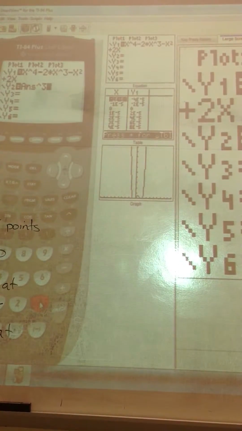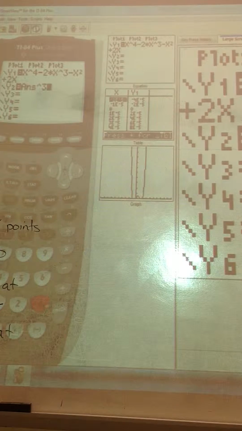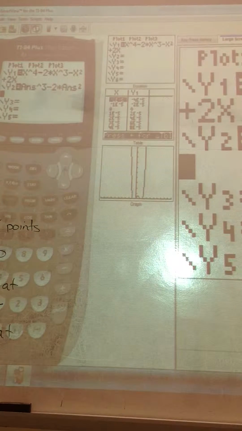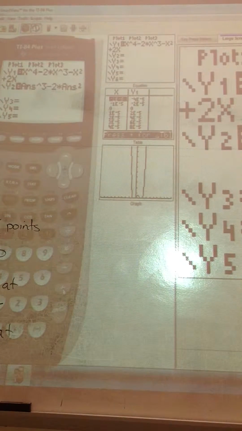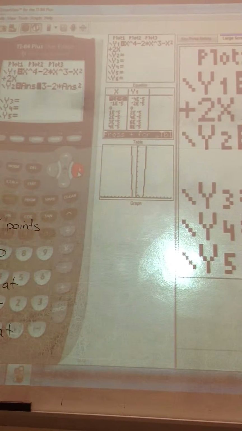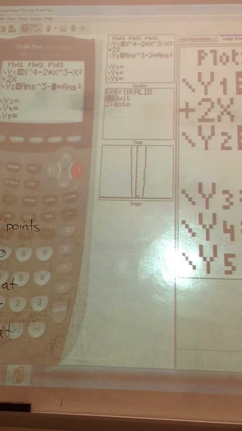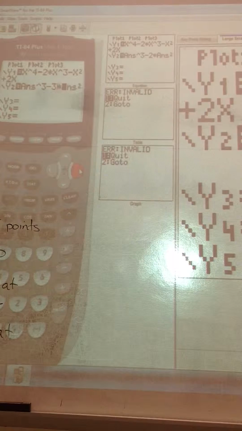It should be storing that number for my x. Minus 2 times answer squared. Oh shoot, I should have just, it should have been 3x. Yeah, I changed it to 3. Plus 2 times answer.